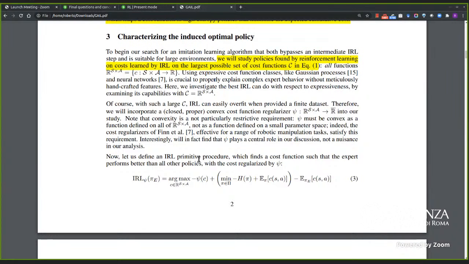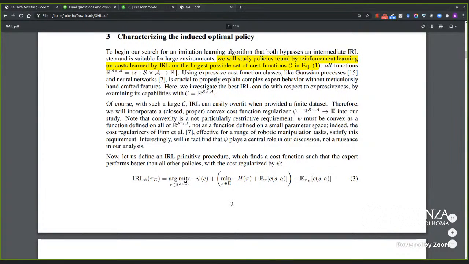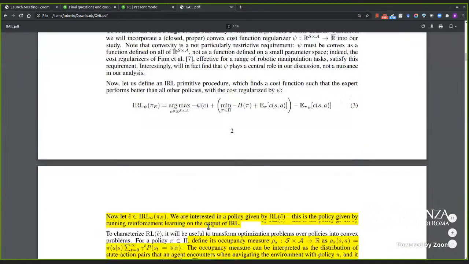Okay, so in this case, the inverse reinforcement learning problem becomes this one, where basically we have the same formula as before, except that we also have this additional regularizer term.